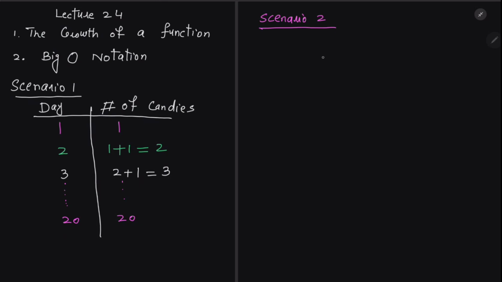Suppose instead of getting one candy each day, you get double every new day from the previous day. So we make a table out of that. We have the column day, and the number of candies with you in scenario 2.